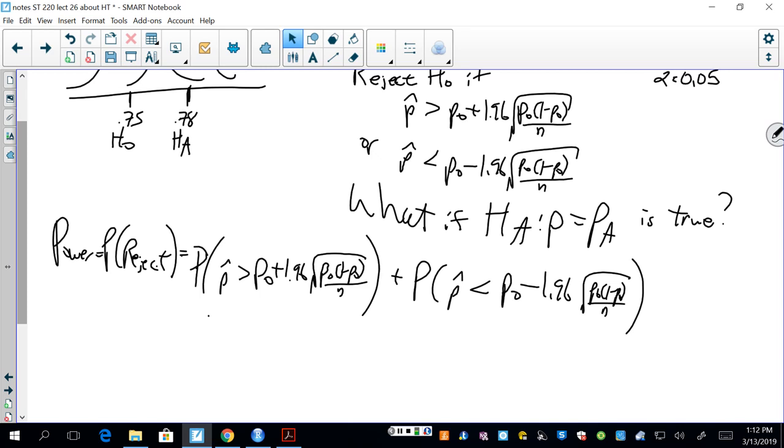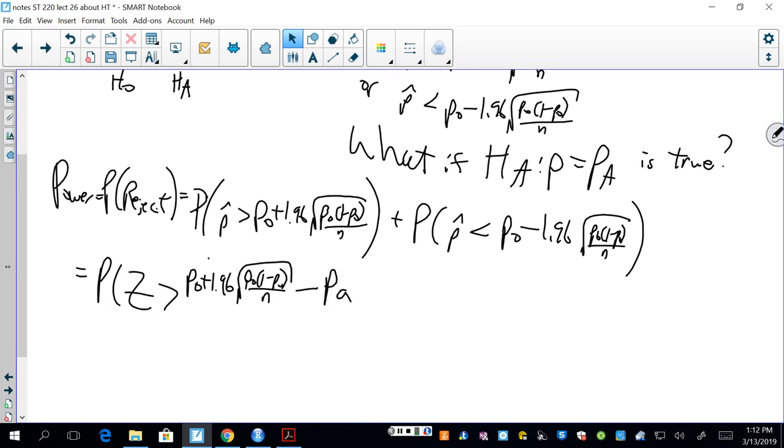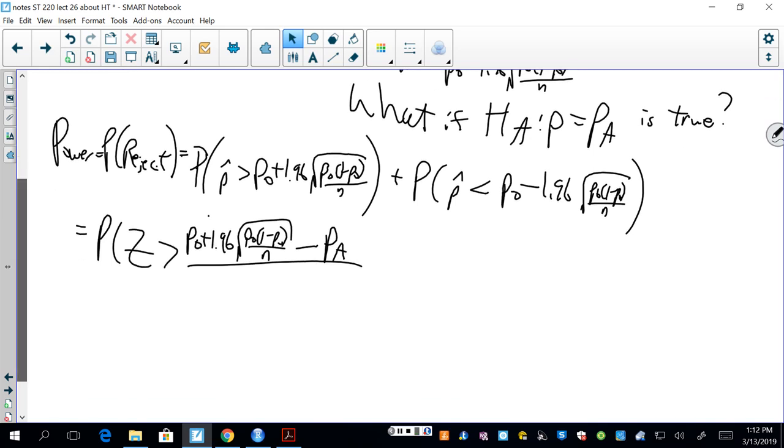Assuming it's PA though, we're going to convert these two things to z-scores. But where the mean or the rate is really PA. We're going to take P0 plus 1.96 times the square root of P0, 1 minus P0 over n. So do all that. We're going to subtract the true value, PA, and divide by the standard error under the alternative, the square root of PA, 1 minus PA over n.